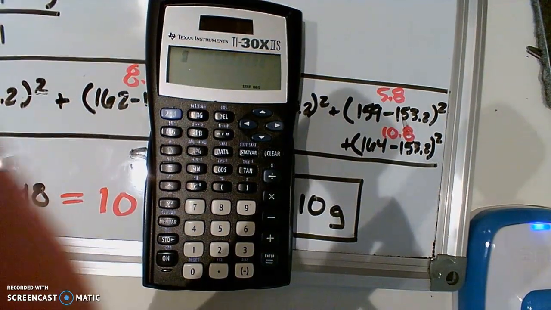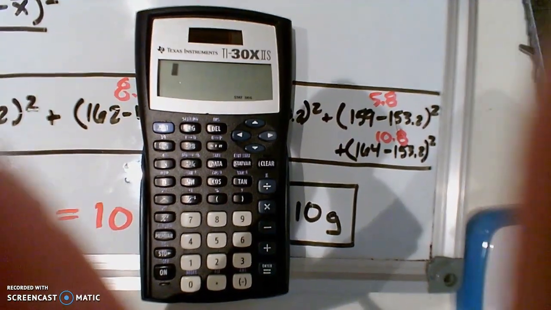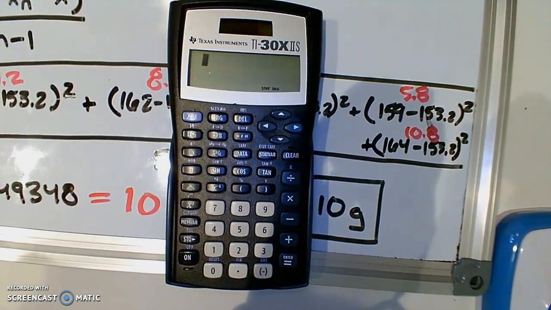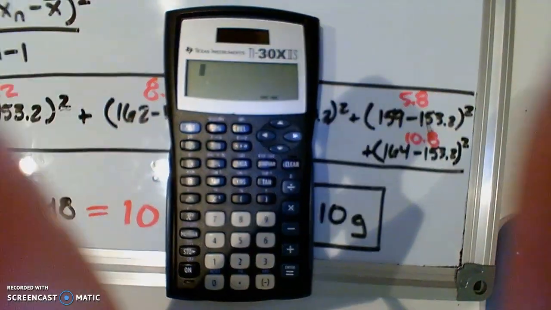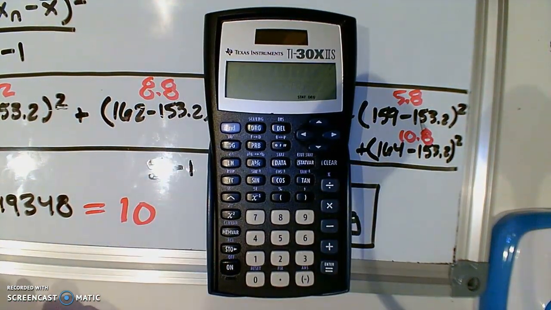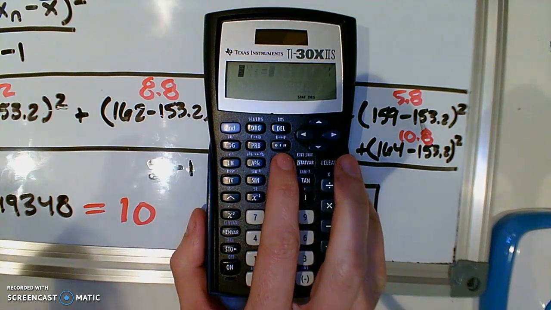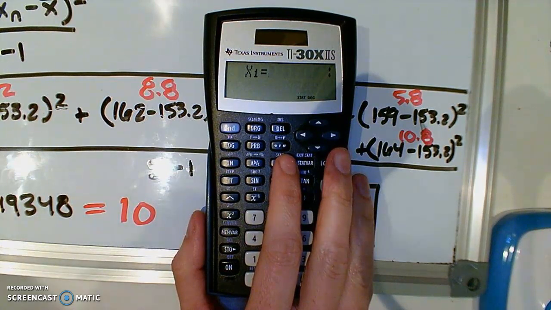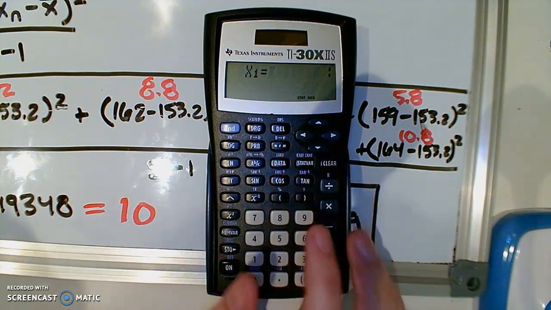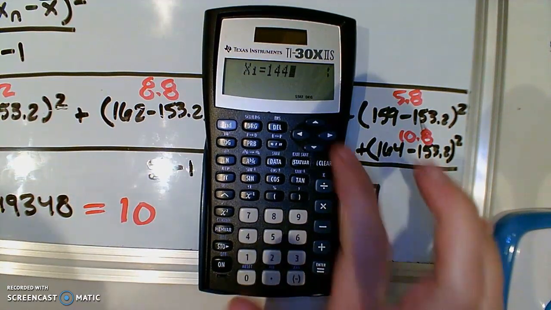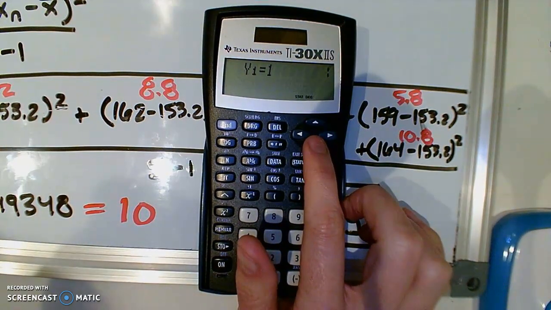This is the TI-30. All right, so the first thing we have to do is enter our data. So if you click data here, it says X1. That is going to be our first piece of data, so 144 grams. That was our first number. You click the down arrow.